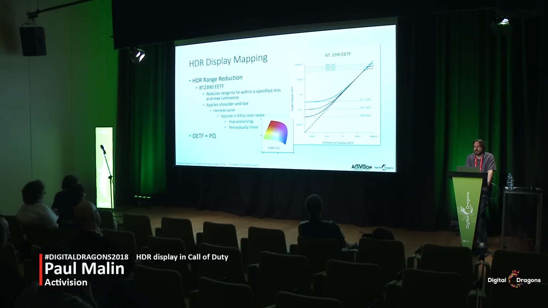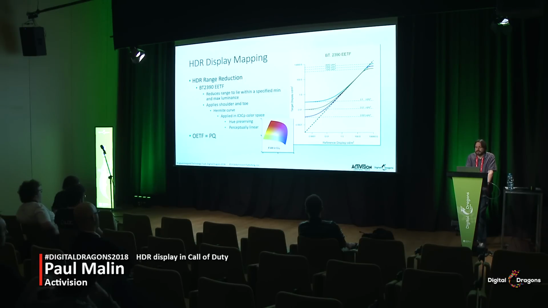This curve is applied in the ICTCP color space. ICTCP is a color space that gives perceptually linear intensity and hue coordinates. The DD2018 transfer function adjusts the intensity by applying a Hermite curve to the ICTCP intensity value. This is effectively working in PQ space.